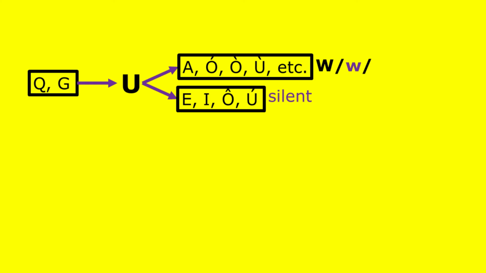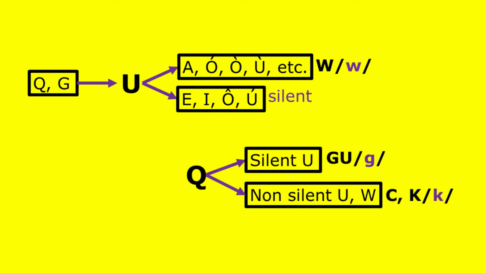It will actually have a sound, the bilabial approximant, with the letters A, O acute, O grave, and U grave, etc. So with the QU-GU silent-or-not rule, we can define what kind of sound Q is going to make. If it is in front of a silent U, it's going to have the sound G. But if it's not silent, it's going to have the K sound.